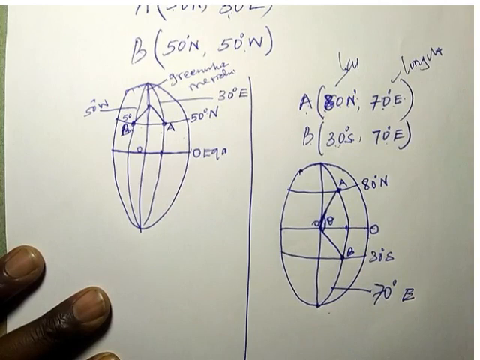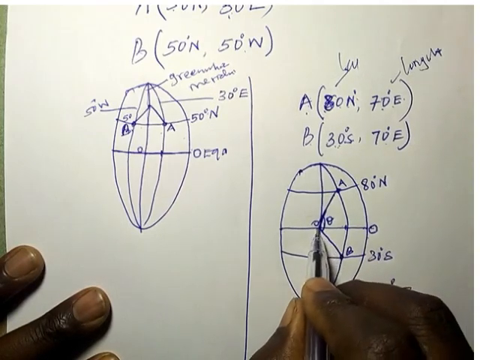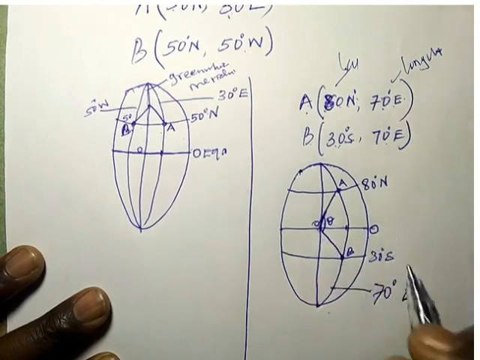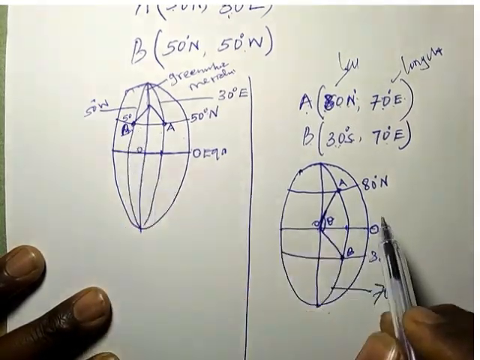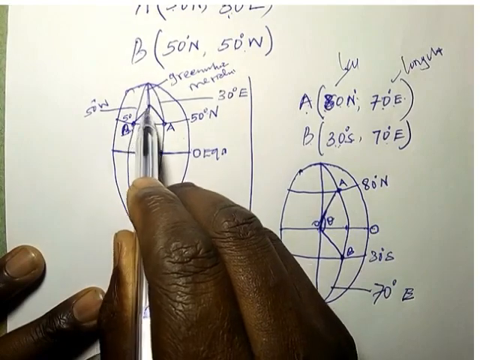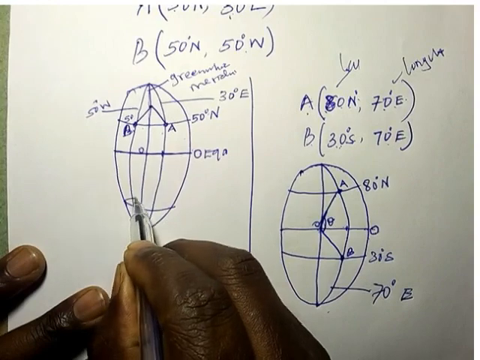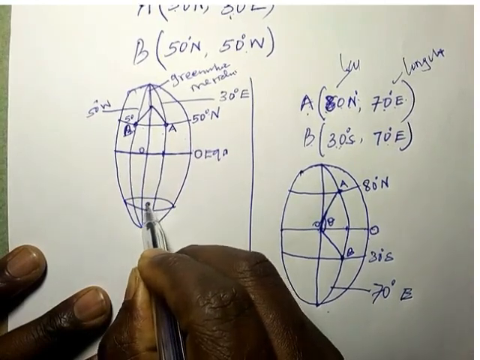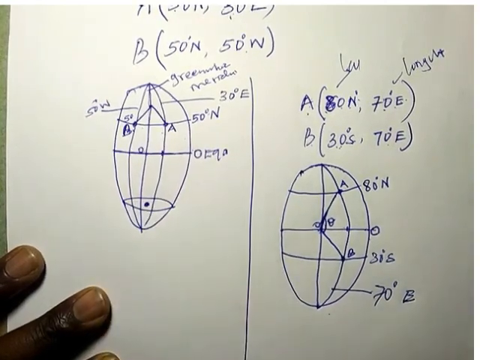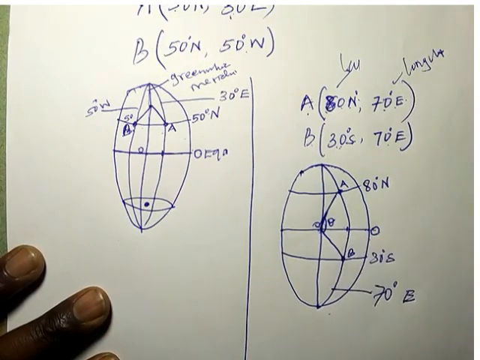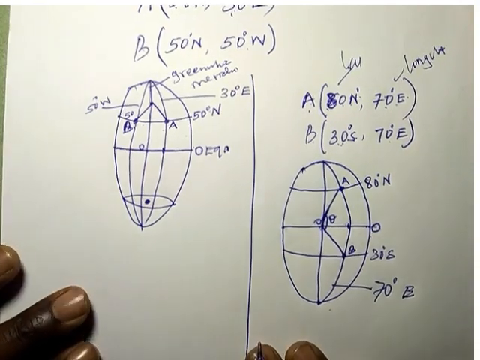Any great circle, the center is where the Greenwich and the equator meet. For a small circle, it is not the case. If there is another small circle here, there is another there, so their center is here and not anywhere else. But for this one, their center is here. That is now important.